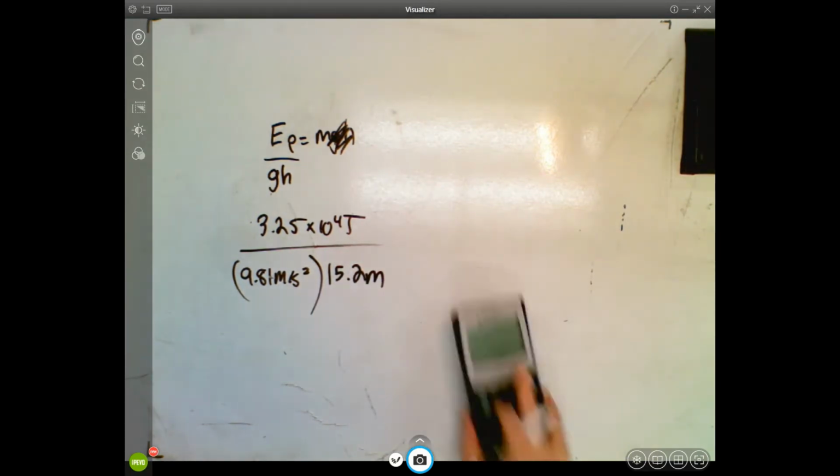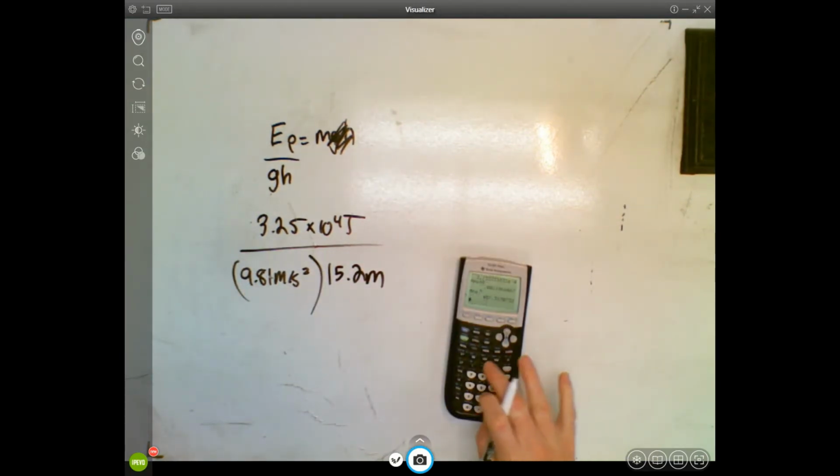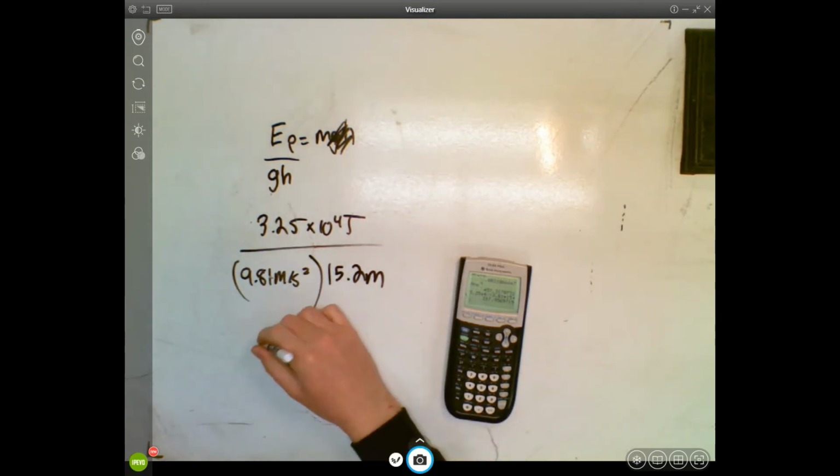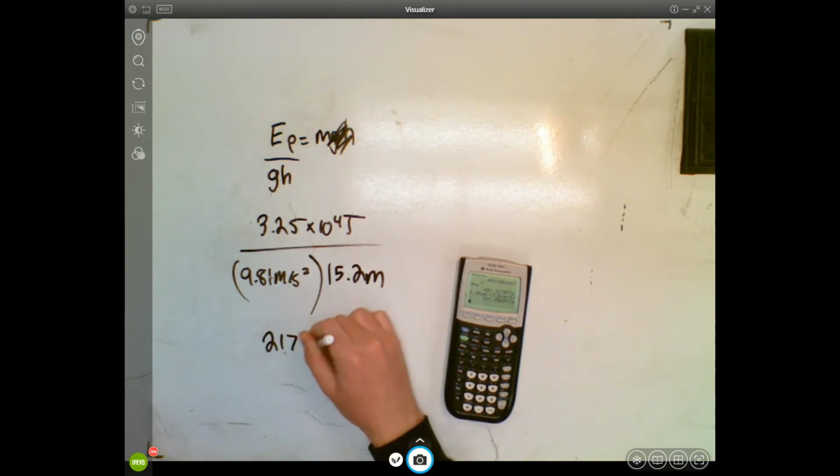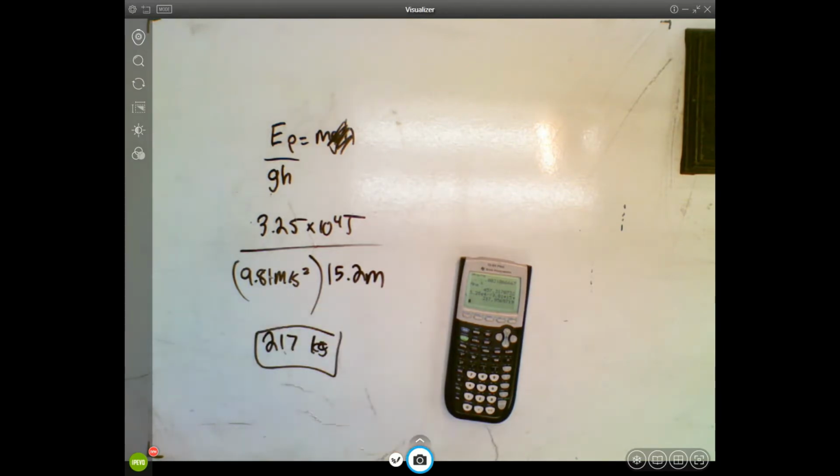So typing that all in, 3.25 times 10 to the 4 divided by 9.81 times 15.2, and we get 217 kilograms. So our answer is, didn't round properly, 218 kilograms. So our answer is A.